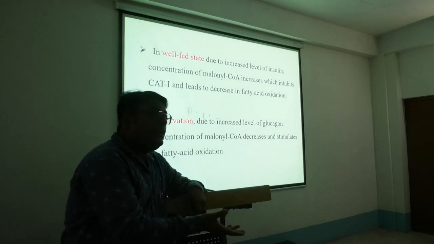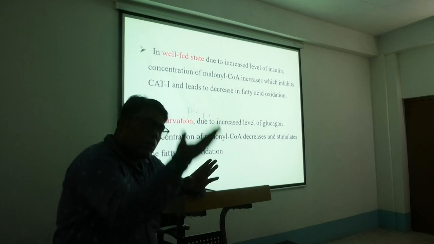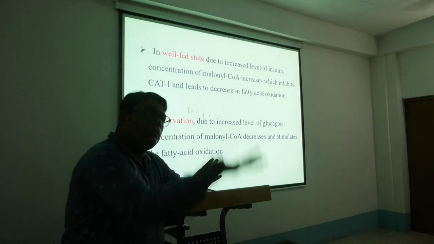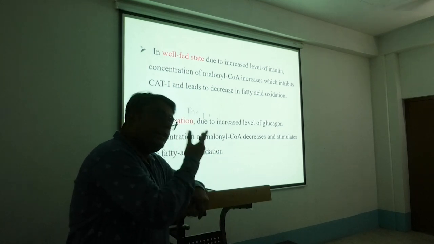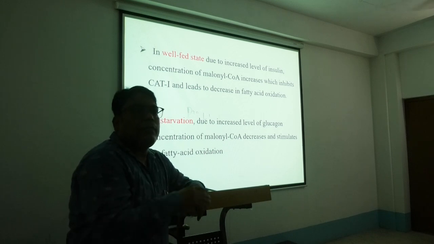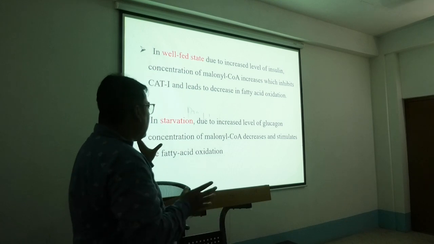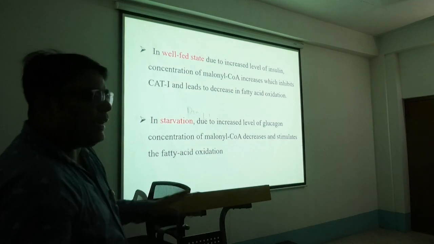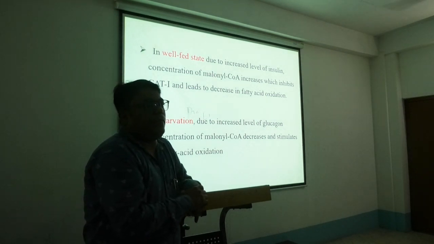In which metabolic pathway? Gluconeogenesis. Okay. So what does the glucagon do? Glucagon can do formation of the glucose from non-carbohydrate sources. So it can promote the production of the glucose from fatty acid. So ultimately if the malonyl-CoA concentration decreases, it can increase the utilization of fatty acid.